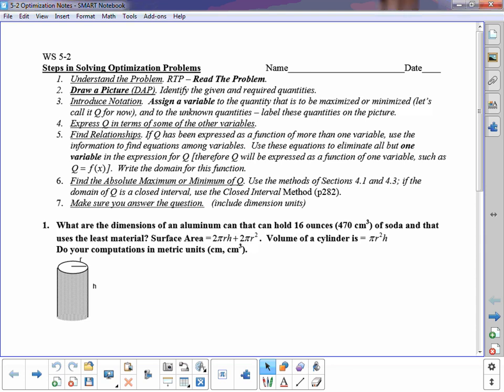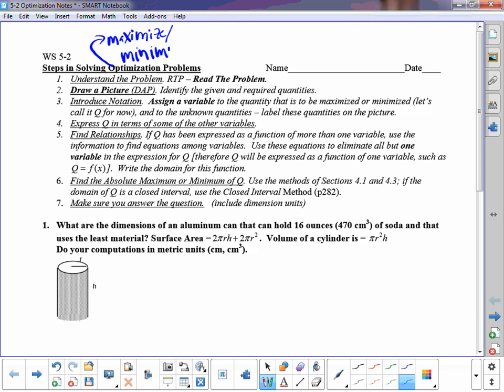Alright, so optimization problems, this is where we are trying to maximize or minimize something. This is a pretty common real-world type topic. You'll notice that the problems vary from things like dealing with in a factory.